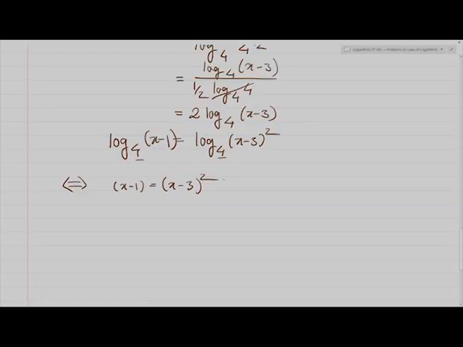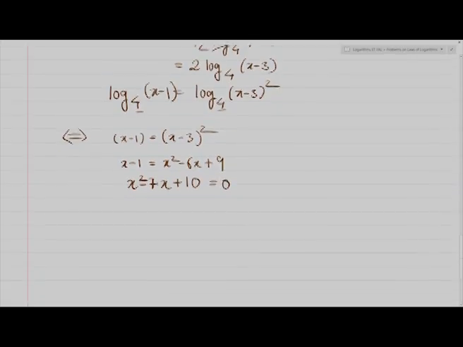Now this is a very easy problem because you have a quadratic equation, that is x minus 1 is equal to x square minus 6x plus 9, correct. You can easily simplify this and show that this is equal to x square, you can take this to the other side, so it will be minus 7x plus 10 is equal to 0, correct.